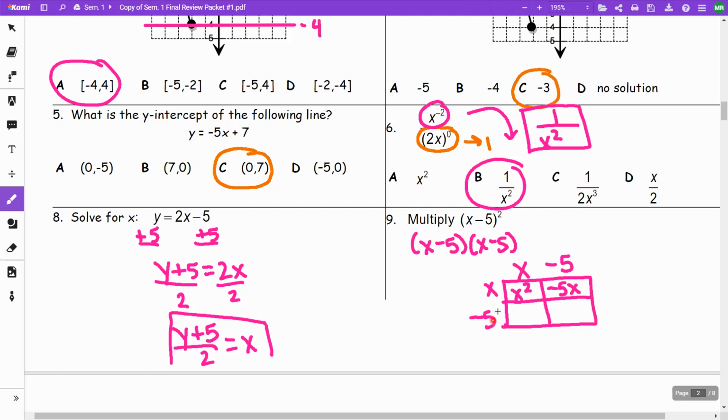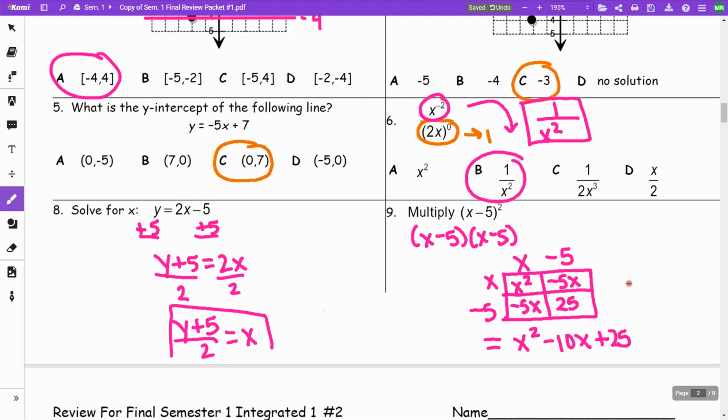My second row, I'm going to take negative 5 times x and negative 5 times negative 5, so I get a negative 5x and a 25. Now your answer is adding up everything inside, combining like terms. So I'm going to have x squared minus 10x plus 25.